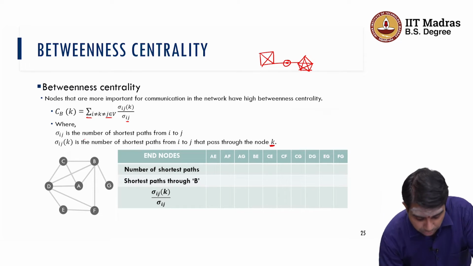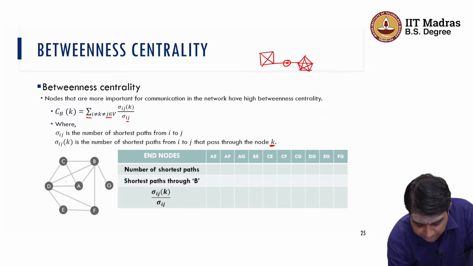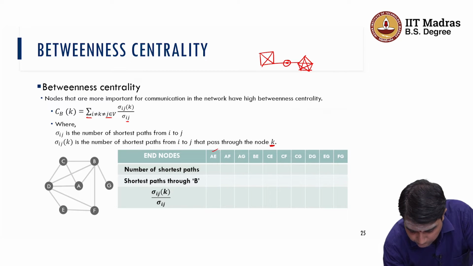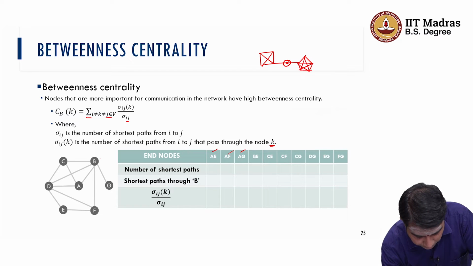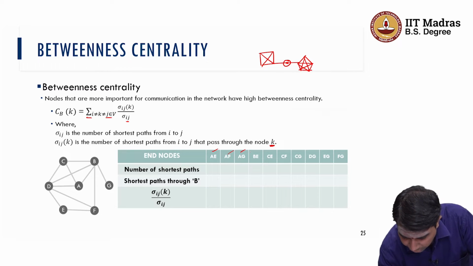So, now you have AB, AC, AD are edges. So, AE is the first path to be taken care of here, AF, AG, and then same way BA we do not need to consider, BC is an edge, BD is an edge, again we look at BE, BG is also an edge, BF is also an edge.